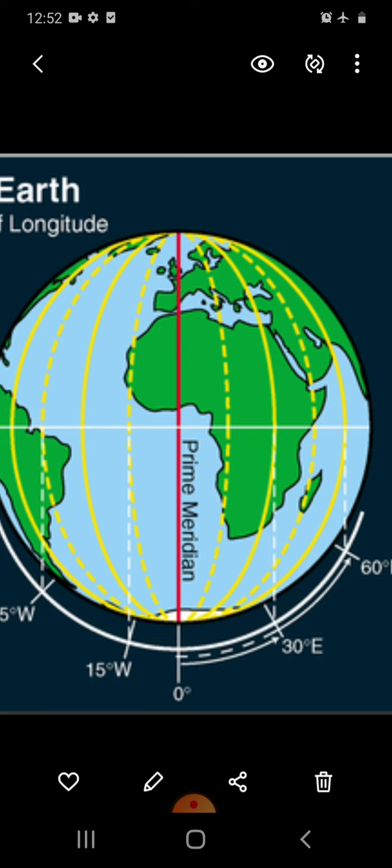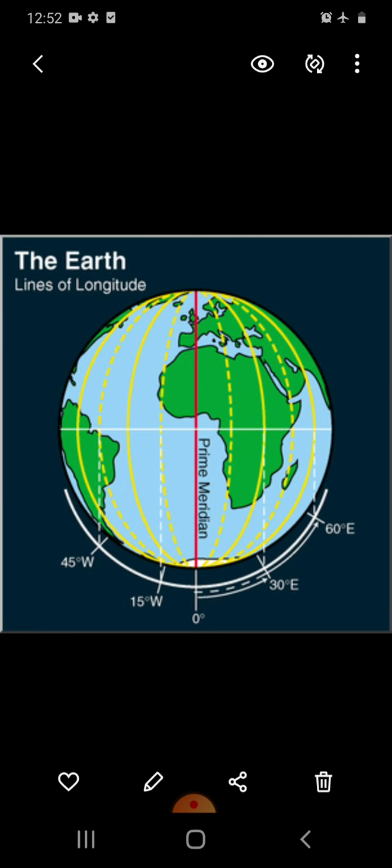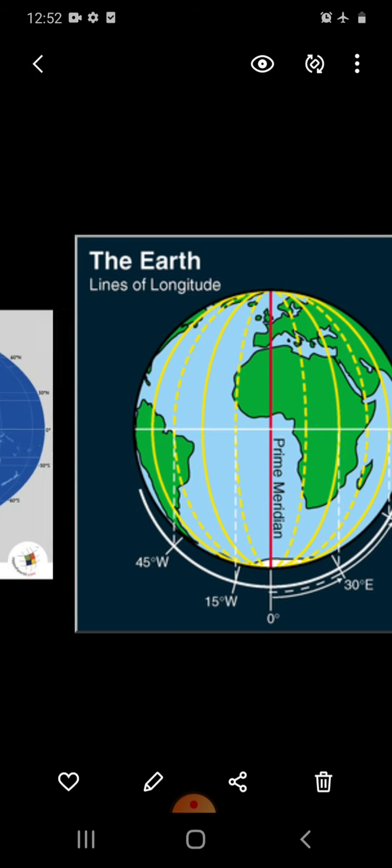So the total number of longitudes will be 360, 180 towards the east and 180 towards the west. And the 0 degree longitude divides the earth into two hemispheres, eastern hemisphere and western hemisphere.